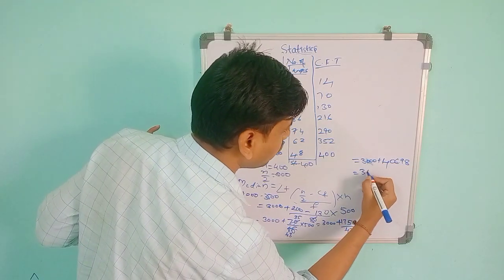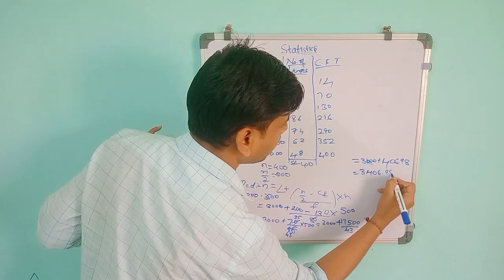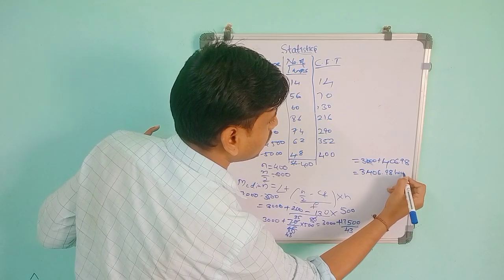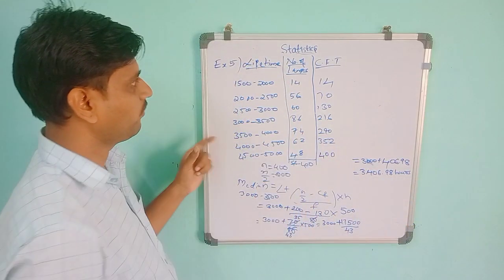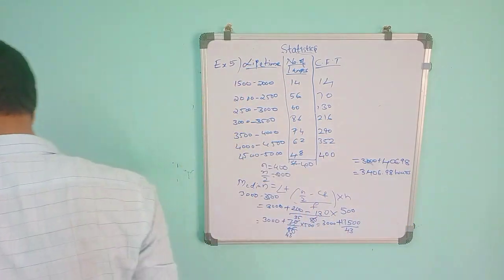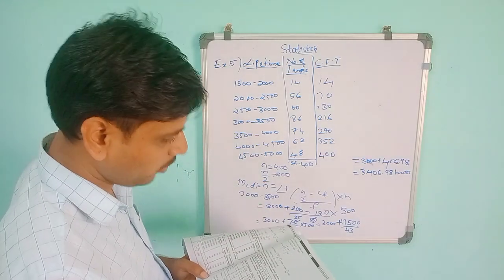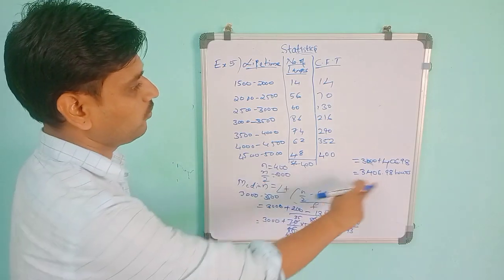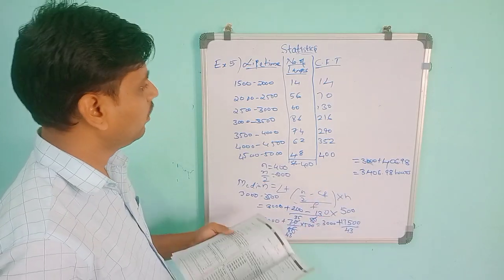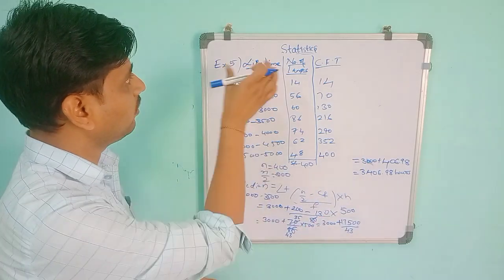So this will give you 3406.98 hours, the lifetime in hours of those neon lamps. That is the median of these lamps, 3406.98 hours.